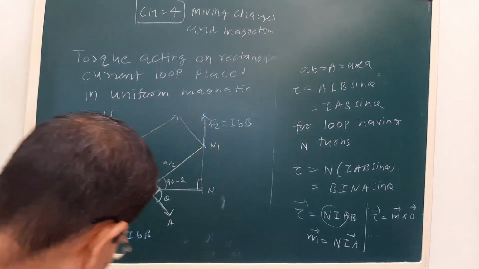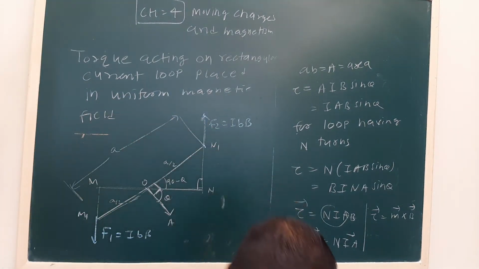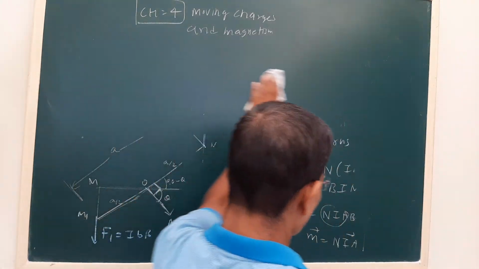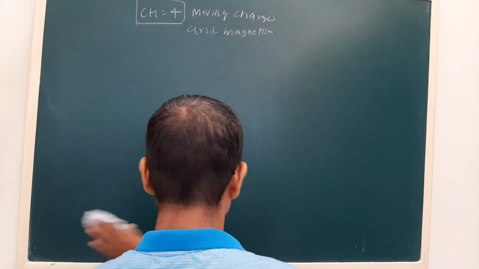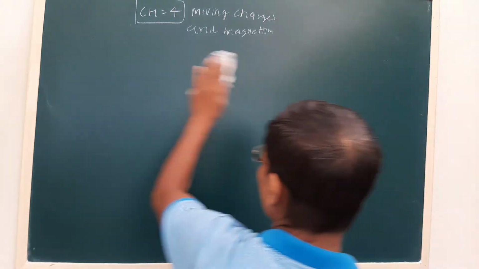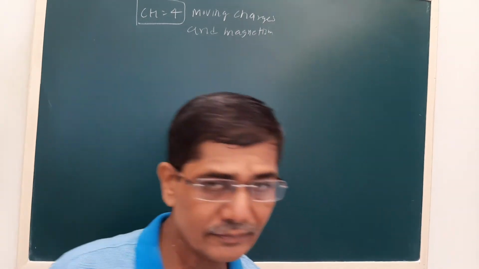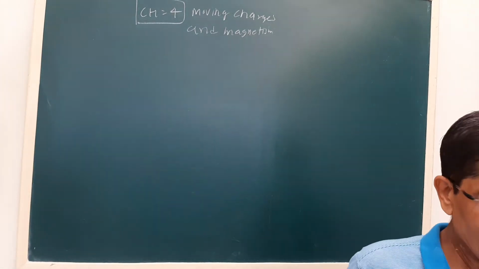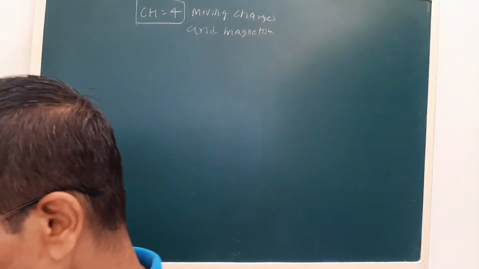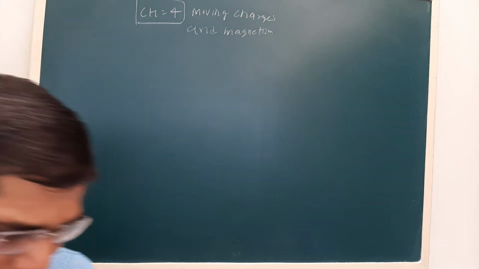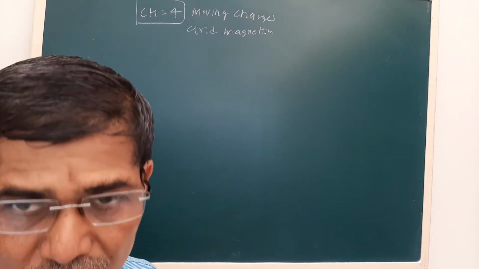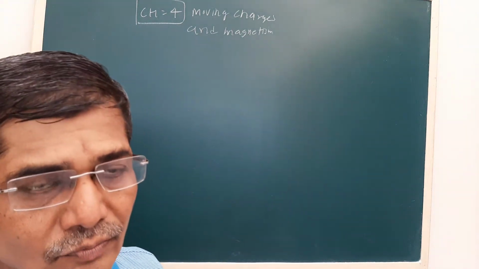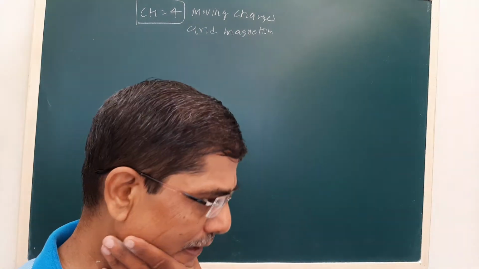See our next topic. Next we have to compare the magnetic dipole moment of magnetic field and electric field. Now see here, in the first lesson we derived the equation of the value of the electric field at any point on the axis of an electric dipole and on the equator of an electric dipole.